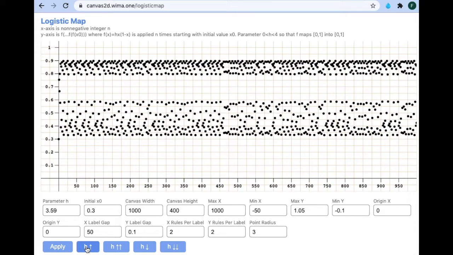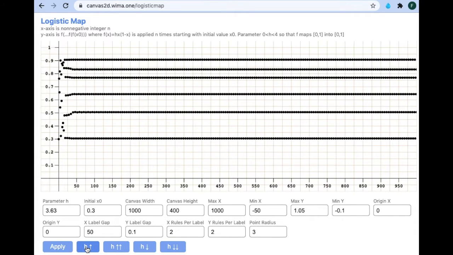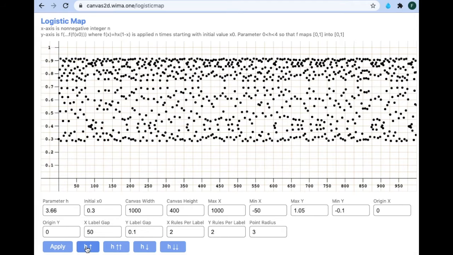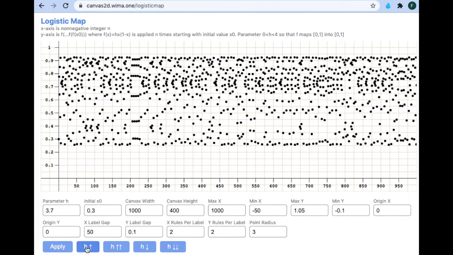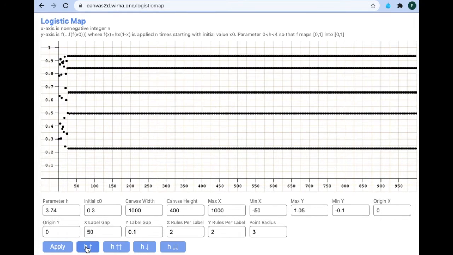And we are in chaos now. Among chaos, sometimes we still have those straight lines.